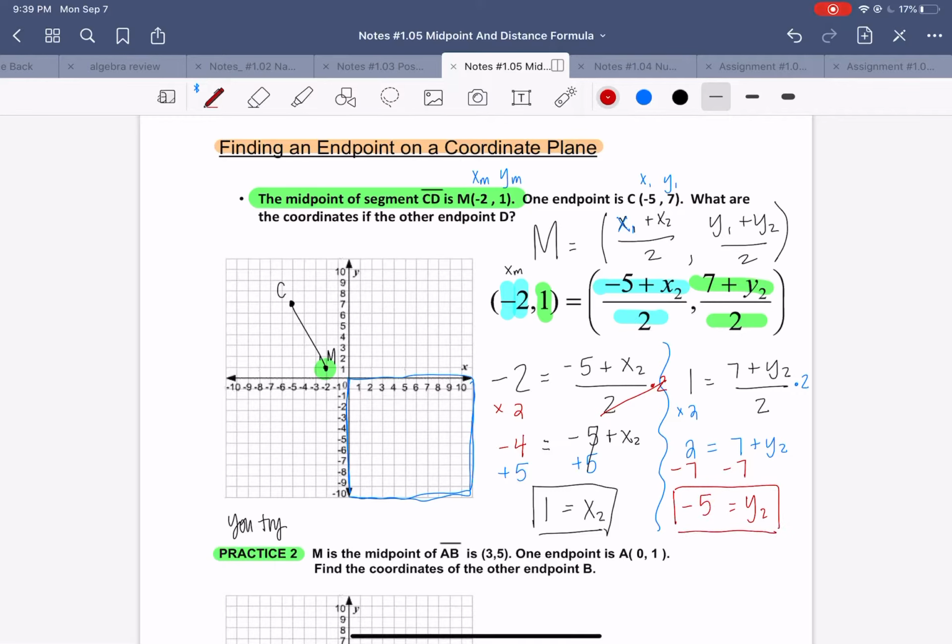In order to actually plot that, we're going to start at the origin and go 1 to the right because our X2 is 1, and our Y2 is -5. So our point D is at 1, -5. We go 1 to the right, then 1, 2, 3, 4, 5 down. Point D is there.